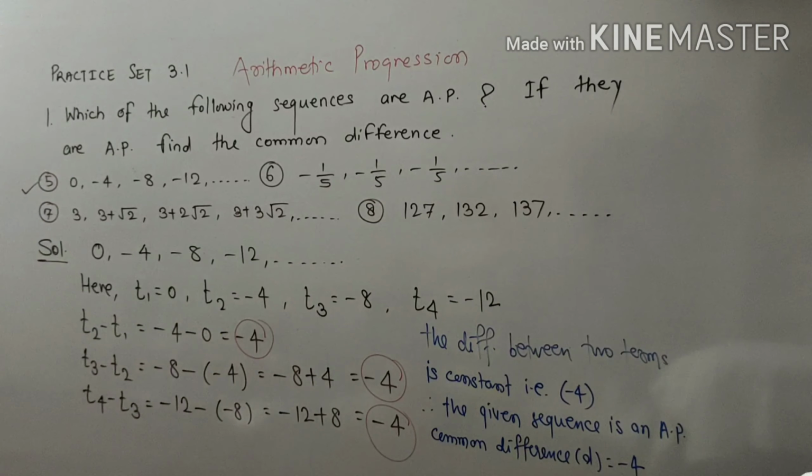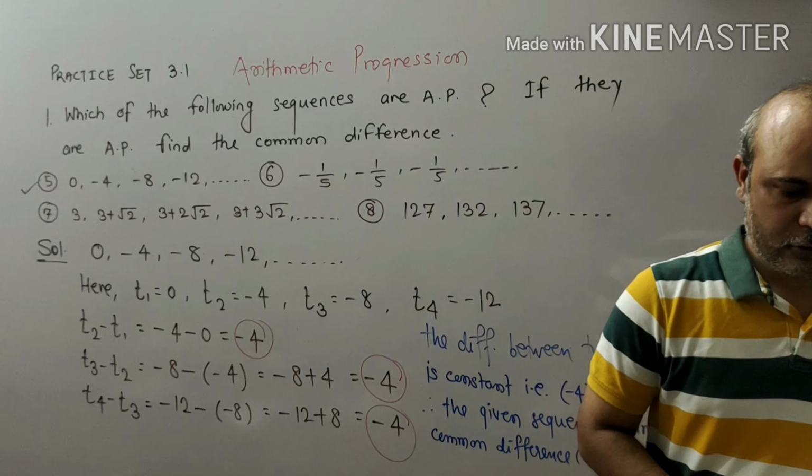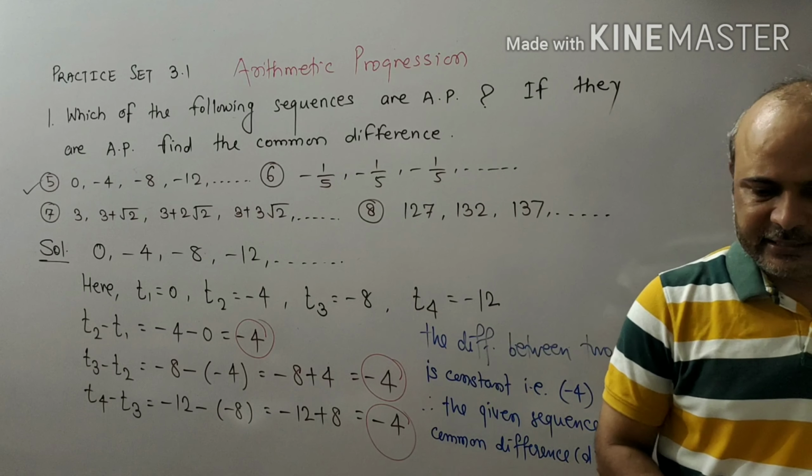Clear? So you will write the difference between two terms is constant, that is minus 4, and the given sequence is an AP where common difference is minus 4. Clear? So write down. So we'll see the next question.